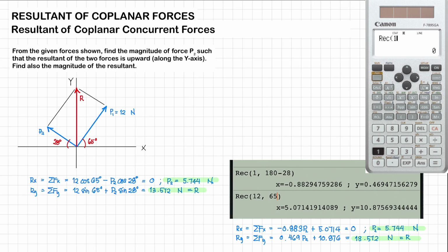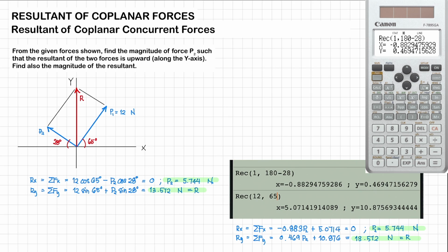So let's type in 1 and then the angle of inclination, shift, comma. For the angle of inclination, we're going to use the standard measure. So coming from the positive side of your x-axis, measuring towards the line of action of our P2. So this is going to be 180 minus 28 degrees. So let's just type in 180 minus 28 degrees, and then click equal sign.